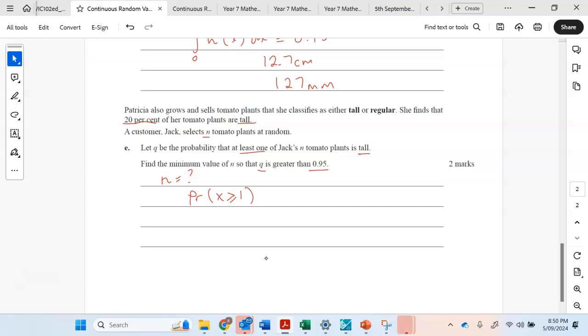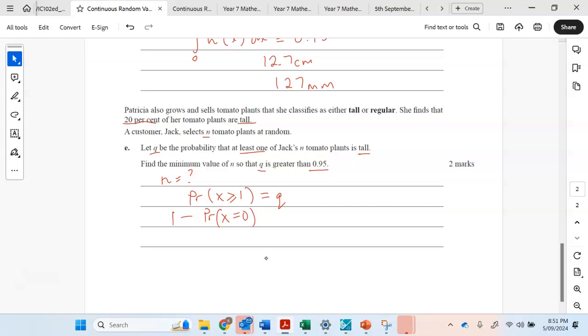So X greater than or equal to 1 is Q. Let Q be that probability; we don't know what that is, and we don't know what N is equal to. But the probability that X is greater than or equal to 1 is the same as 1 minus the probability that X is equal to 0.